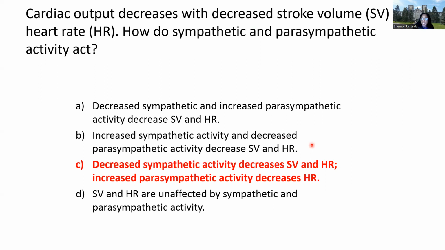The parasympathetic activity has zero influence on stroke volume, right? There's no influence of parasympathetic stimulus on the contractile cells. It is only going to be increased by sympathetic activity, and then it's going to be decreased when sympathetic activity decreases, okay? So C is correct.